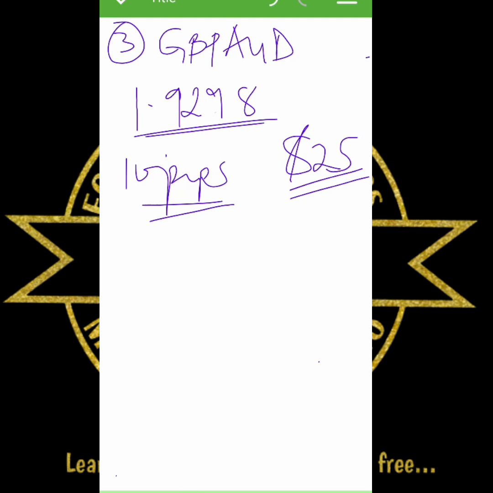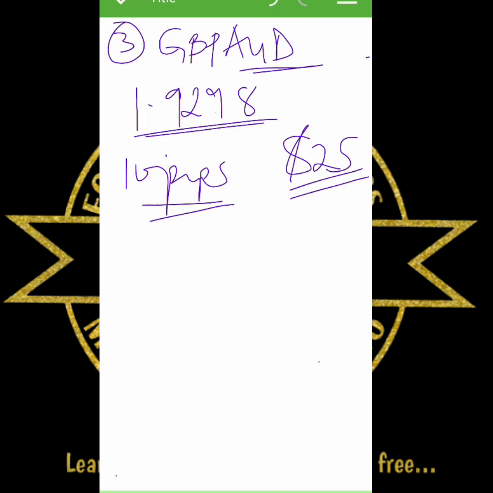Remember, we have to look for the pip value. Pip value differs across different currency pairs. Like we've seen, the ones quoted in USD, the ones where the base currency is USD. In this case there will be a big difference, because GBP AUD, GBP NZD, and so on and so forth, have different pip values. So it's that pip value that is very important. Now, how do we look for that pip value?